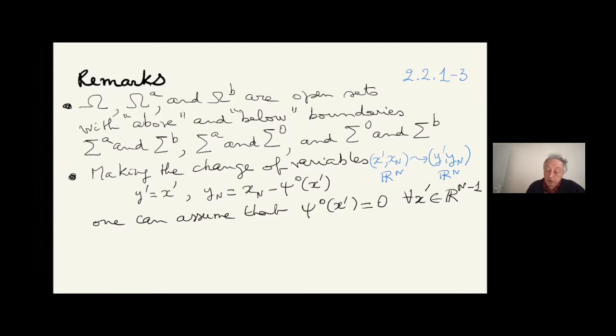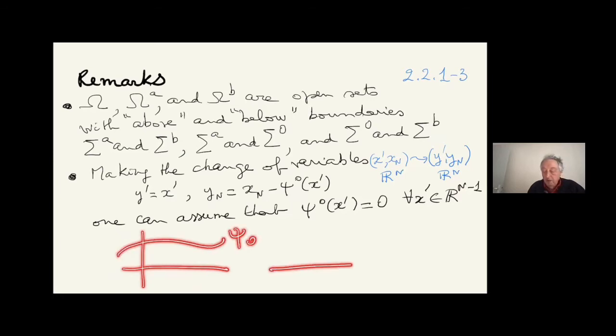If we make the change of variables which takes (x prime, xn) in Rn to (y prime, yn) defined by y prime equals x prime, yn equals xn minus psi 0, we transform psi 0 into the hyperplane yn equals 0.